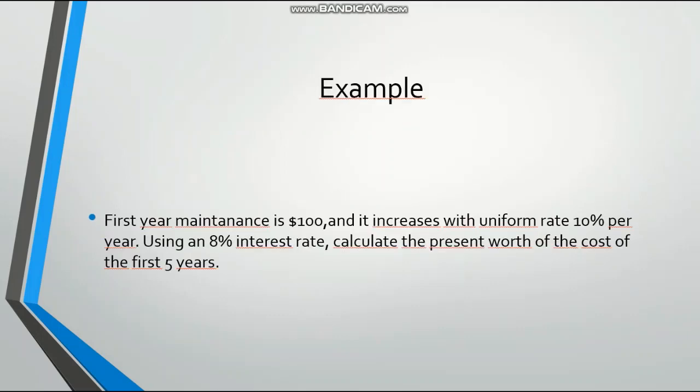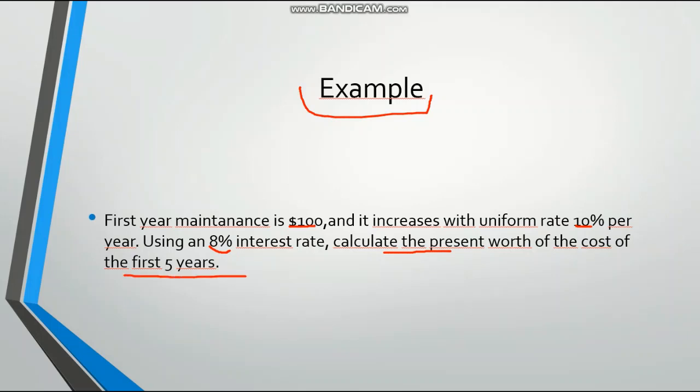Okay, let's solve an example for the geometric increase. First year maintenance is again $100 and it increases at a uniform rate of 10% per year. Using an 8% interest rate, calculate the present worth of the cost for the first 5 years.